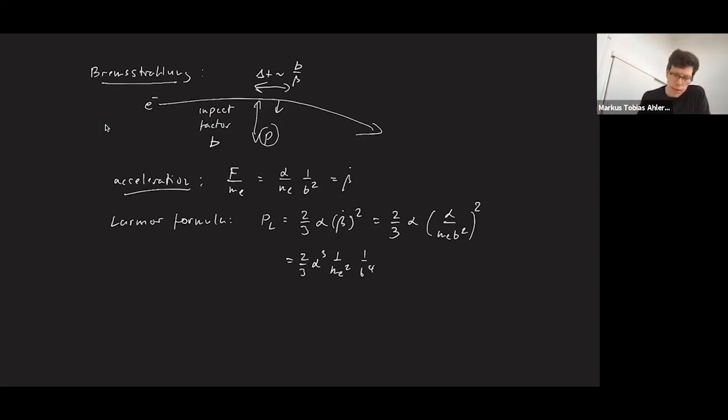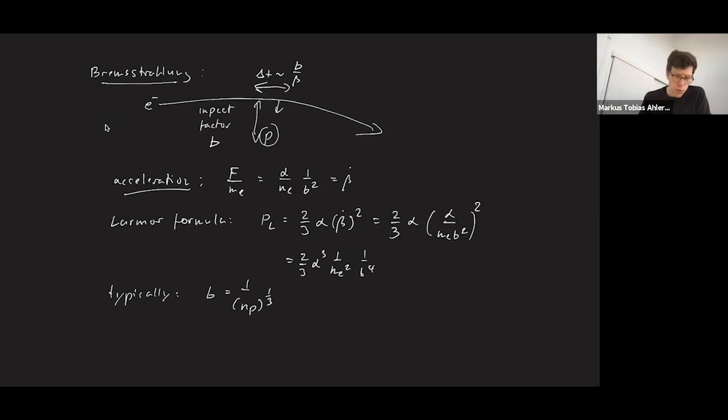So you can estimate that typically the impact factor b will scale as 1 over the density of the protons to the power 1/3. So if you have 1 proton per box with a size of b cubed, then this is the way to estimate this.